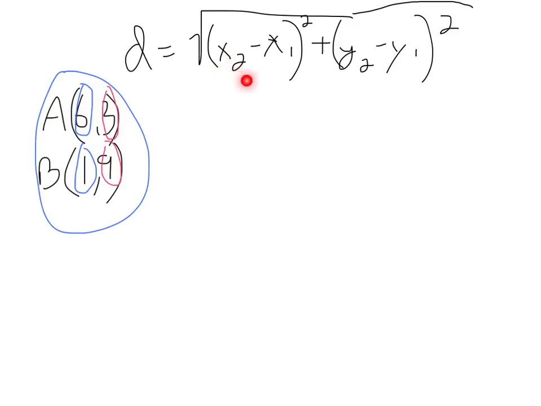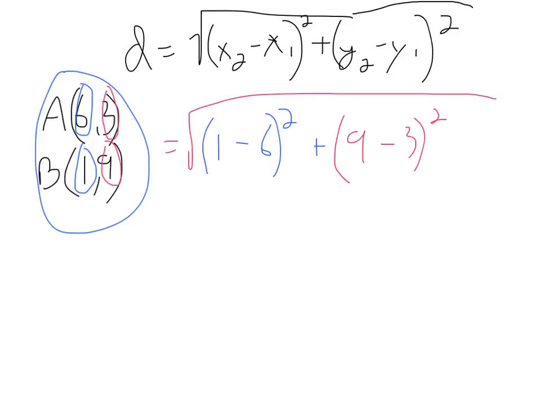So I would say x2, which in this case is 1, minus x1, which is 6, squared, plus y2, which is 9, minus y1, which is 3, squared. Find the square root of the whole thing, and that's going to be the distance between those two, isn't it?